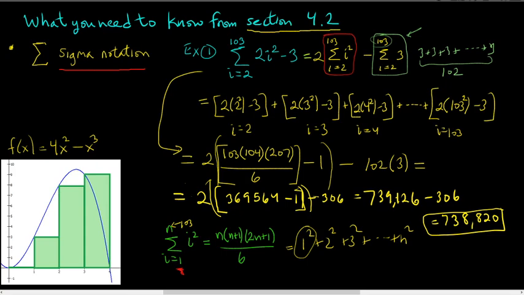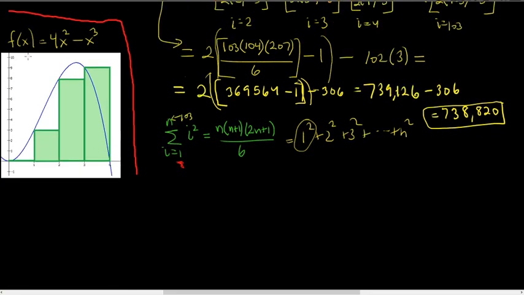So I guess I'm going to do that here, right? So scroll down a little. So I graph the function f of x equals 4x squared minus x cubed. And we're going to approximate the area under the curve by just adding up the areas of these 3 rectangles. There's actually 4 here. This one, of course, is height 0.